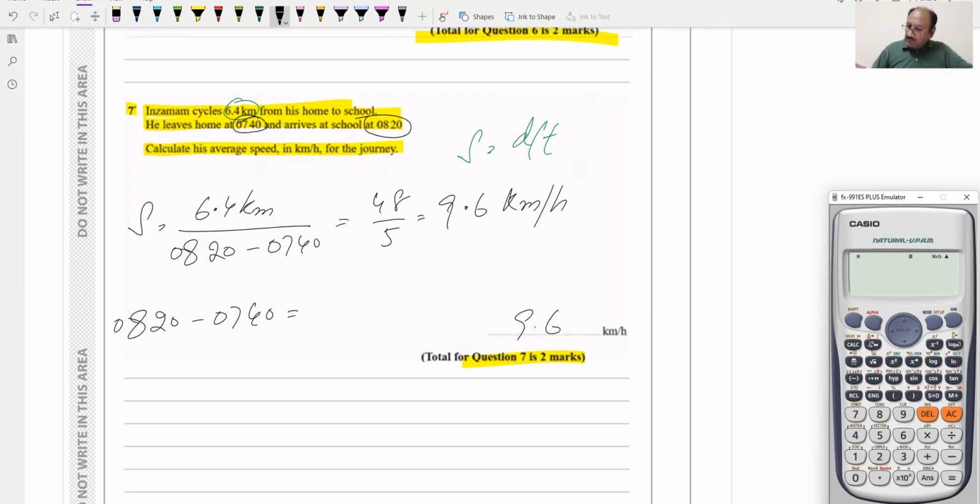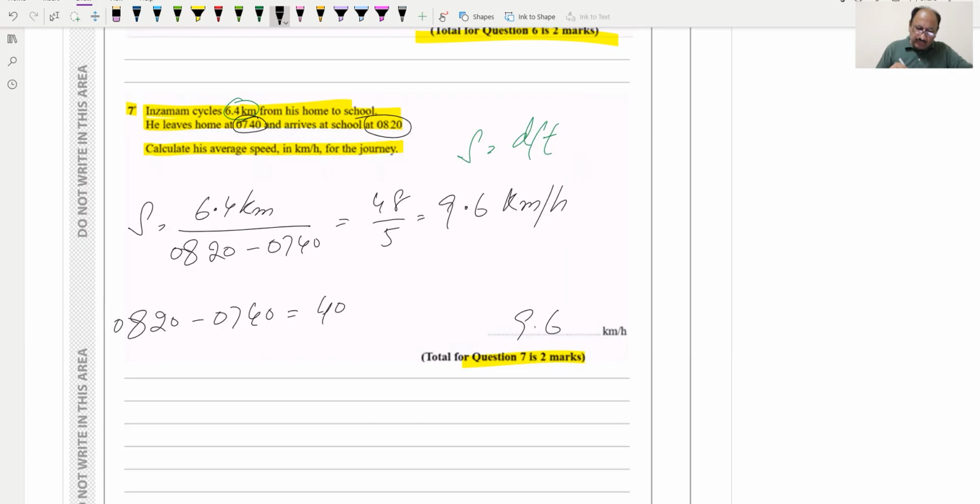We can show 8 hours 20 minutes minus 7 hours and 40 minutes, and 820 minus 740 will be equal to 40 minutes. So we can write this as 40 minutes.